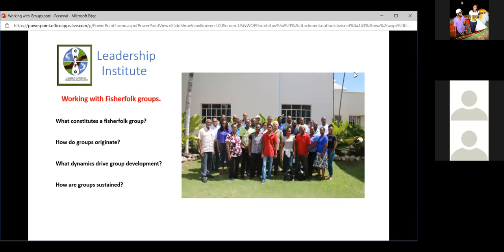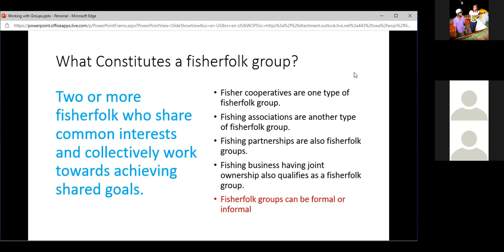So first of all, I'm going to define what is a group. A group is a community consisting of one or more individuals who interact with each other in order to accomplish a certain goal. And so, of course, when we look at fisherfolk groups, we look at groups of fisherfolk or persons with an interest in the industry coming together because there is a common goal or a common interest.